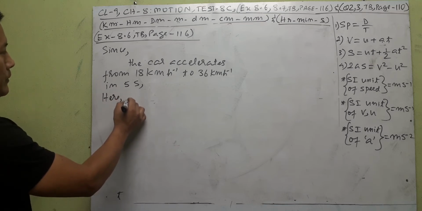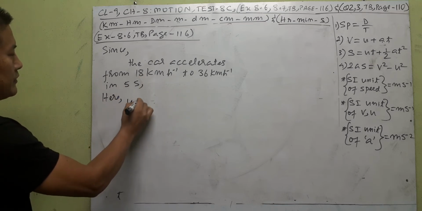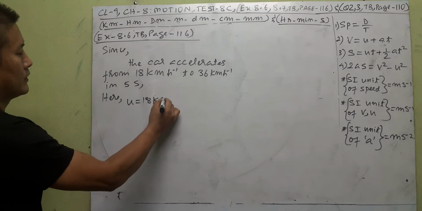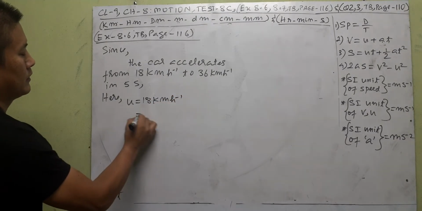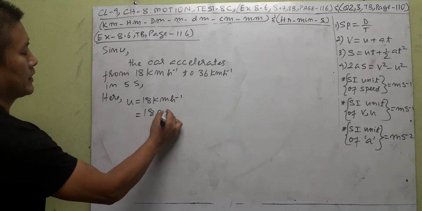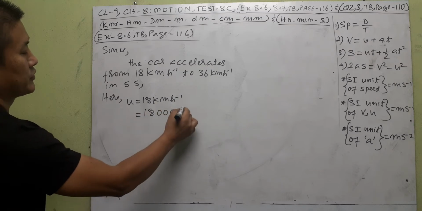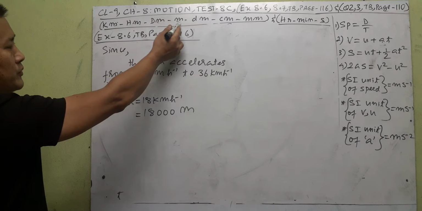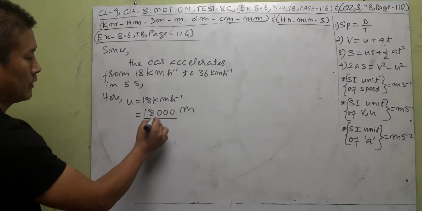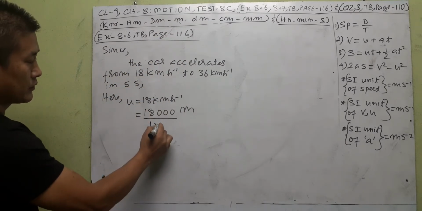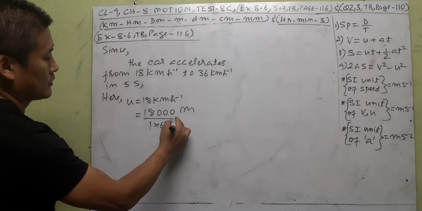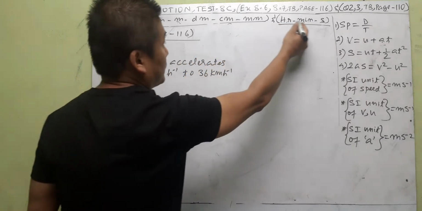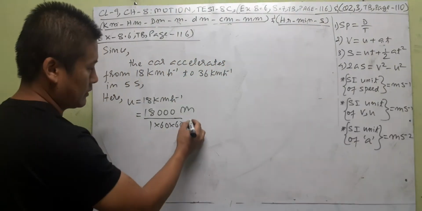Therefore, the first one that appears is the initial velocity, 18 km per hour, which we need to convert to SI units. Kilometer is changed to meter, so 1000. Big unit to small unit, so multiply by 1000, and down here is 1, no number, into 60, because we are changing the hour, two places move, so double 60.